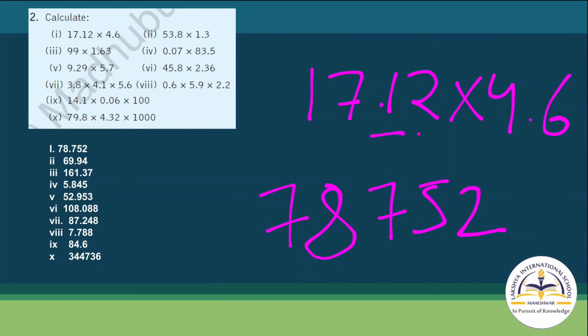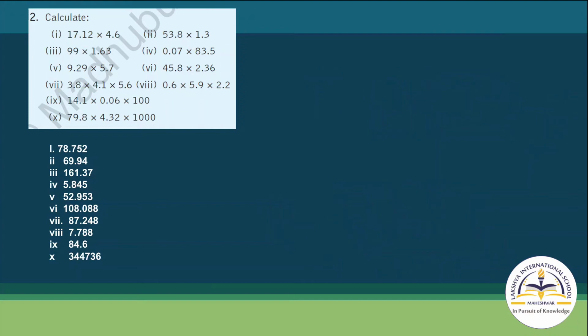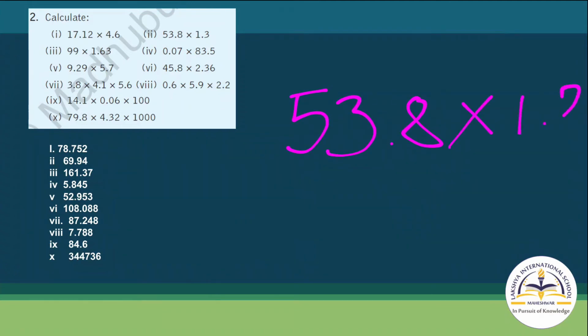Okay, 1, 2, and here also, so there are 3 numbers after the decimal point, so 1, 2, 3, so here we have to put our decimal point. Okay, one more question we will try. Question number 2, 53.8 into 1.3. Okay, suppose first we have to multiply. Okay, multiplication is very easy for you.